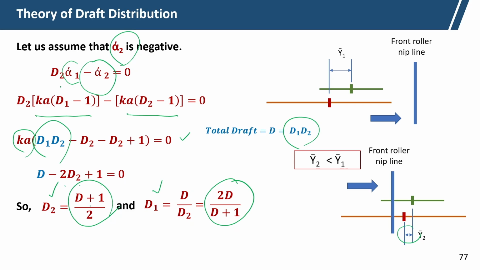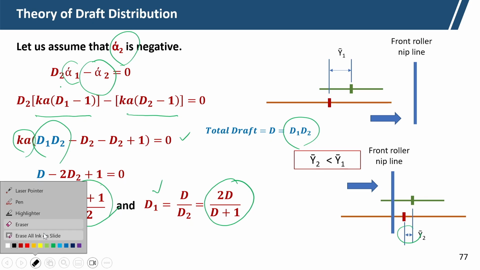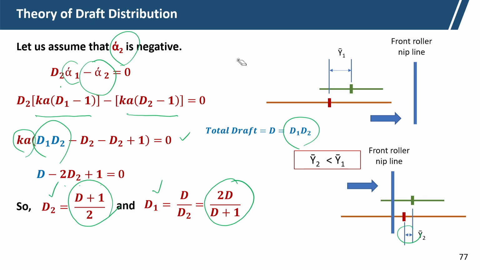So, if we have, say, a total draft of 9, the front zone draft will be (9 plus 1) by 2, that is 5, and the back zone draft will be 9 by 5.